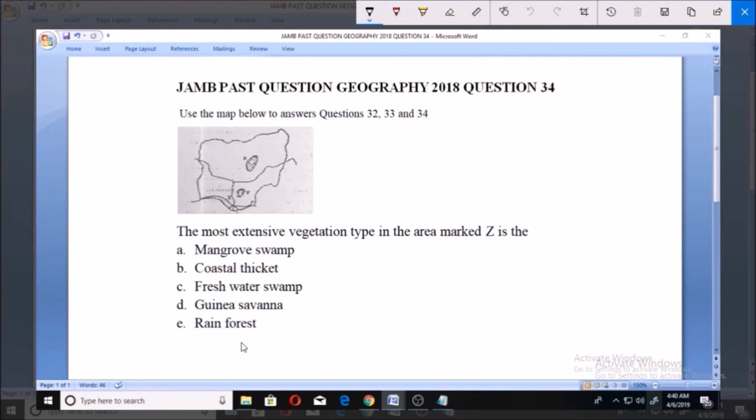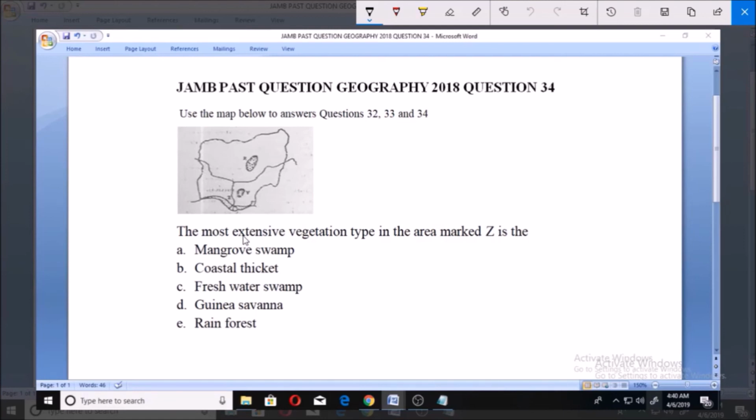Now we all know that the area around Delta Rivers area, this Z area, is actually the mangrove swamp region. Down this side you also have the rainforest, but the mangrove swamp is the area around Rivers, Bayelsa and Delta. So that is the area indicated as shown. So what is this mangrove swamp all about?